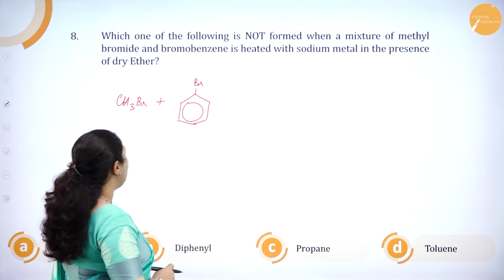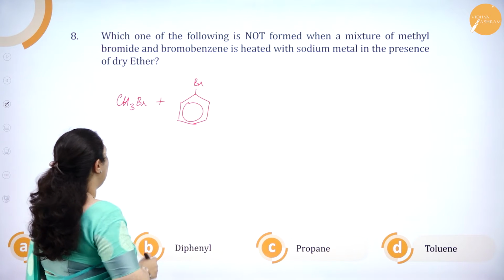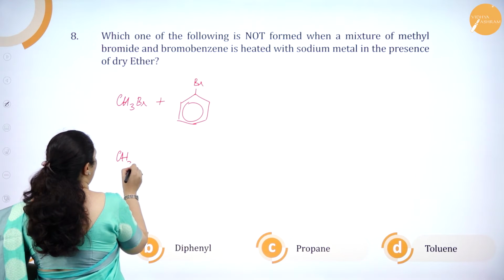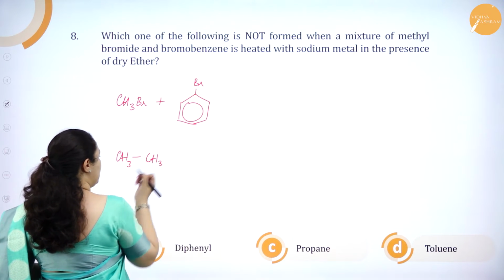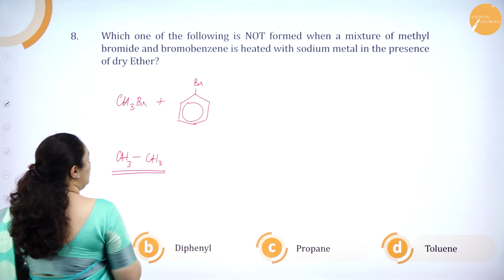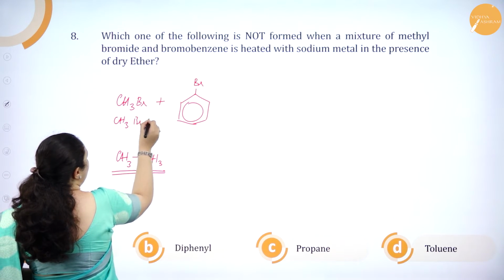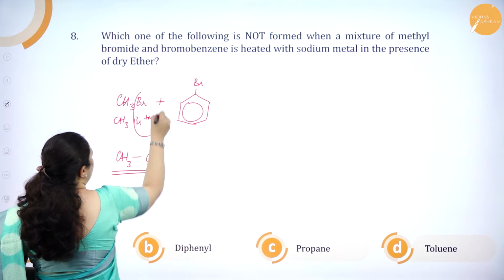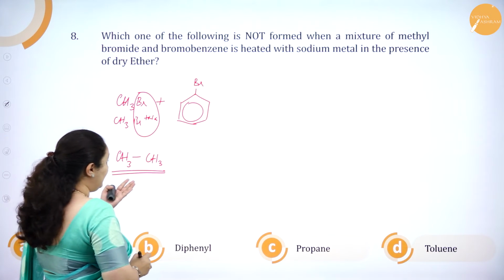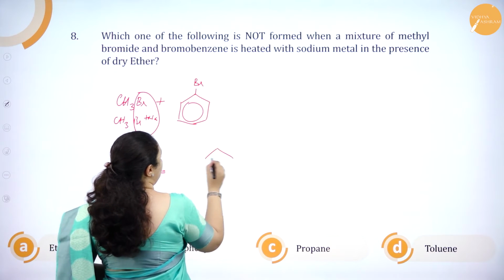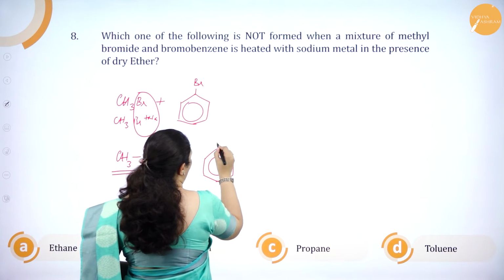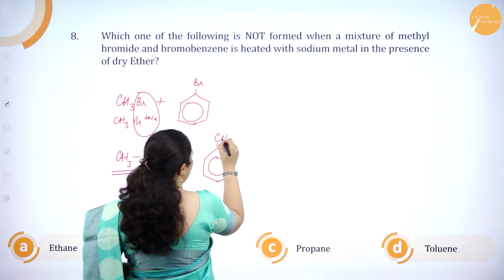So here, what are the possible products you can get? Either CH3 will bond with another CH3 group, that is, CH3Br plus sodium can happen and the bromine can get removed. You can get ethane, or you can get toluene, that is benzene with CH3 group.